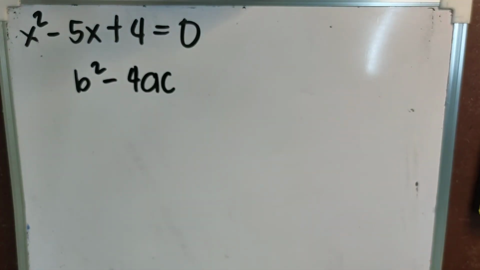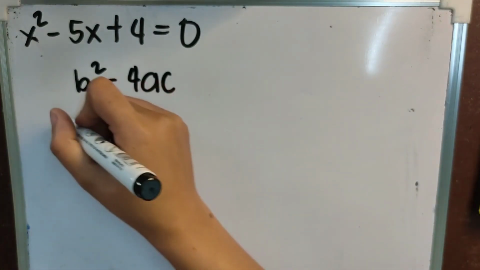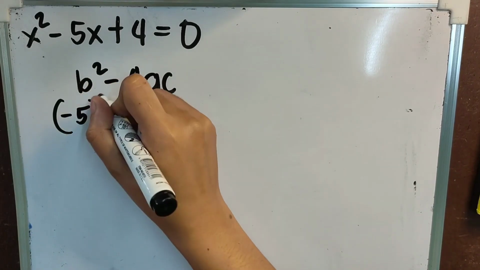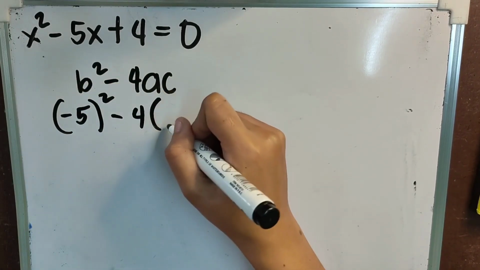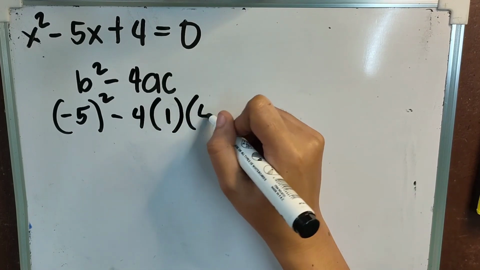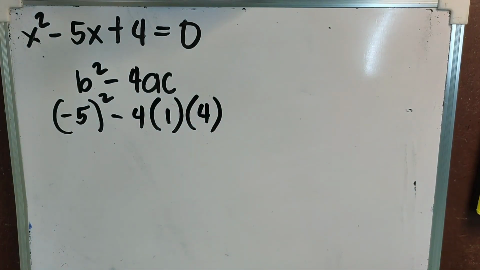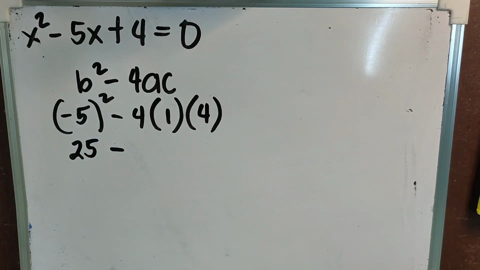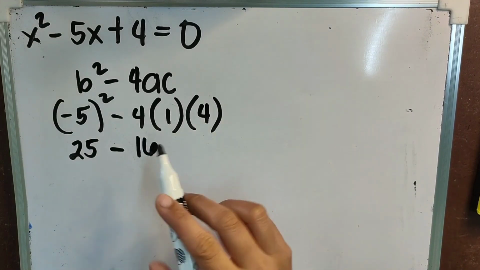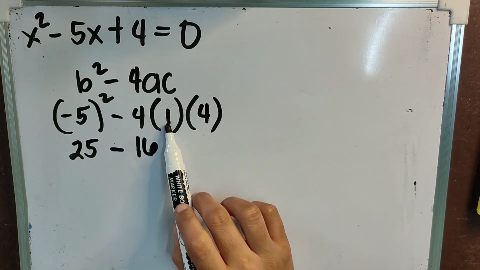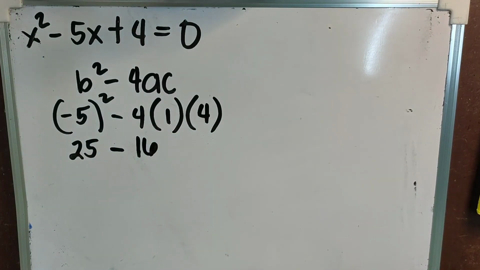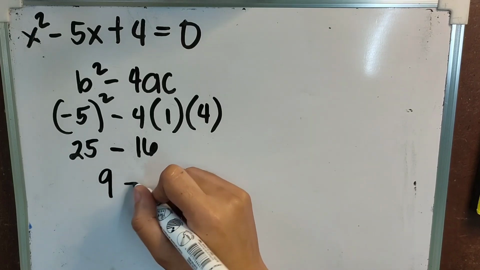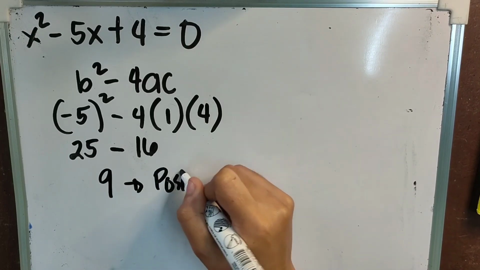Our b value is negative 5 squared minus 4 times 1 times 4. Negative 5 times negative 5, the answer is positive 25 minus 16. 4 times 1 is 4 times 4, 16. So 25 minus 16, the answer is 9, meaning positive.